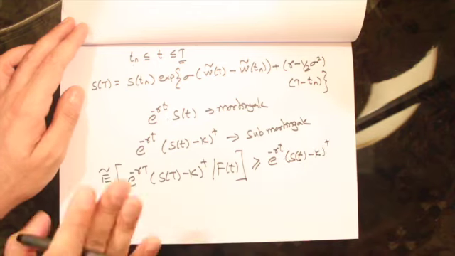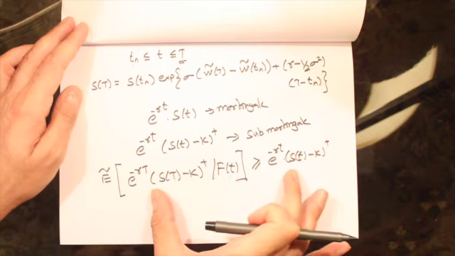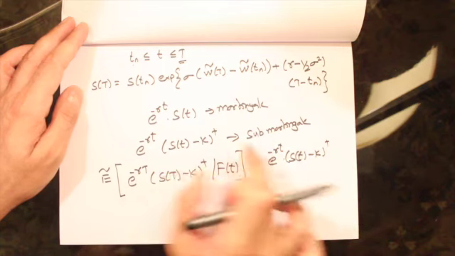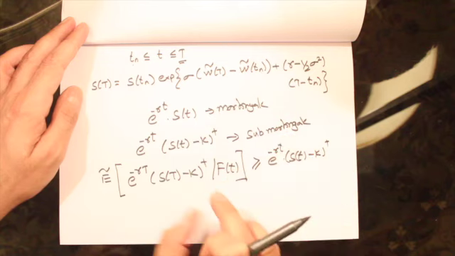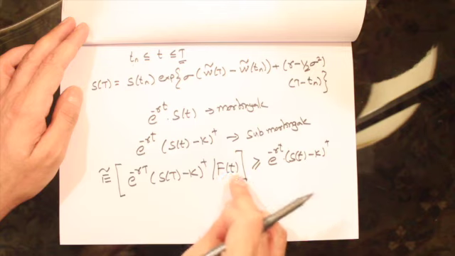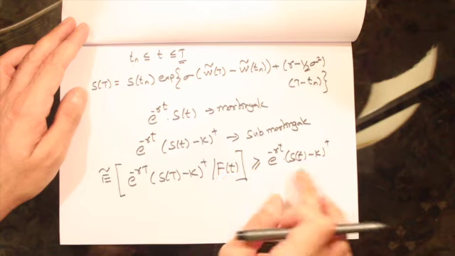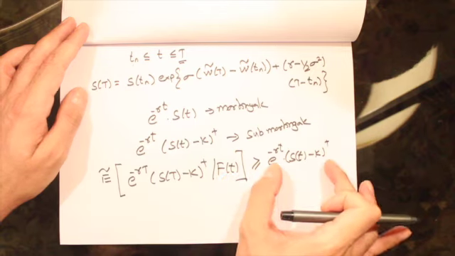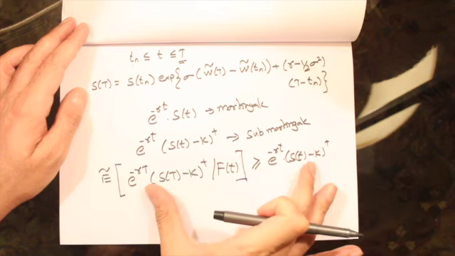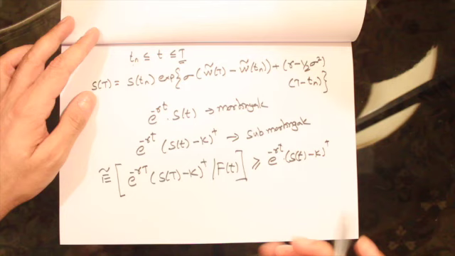So the process has a tendency to rise, and this is exactly what I showed you in the previous lecture, and that's what we mean by this being a submartingale. The expected value given information at time t is greater than or equal to the process at time t. This is the submartingale property.